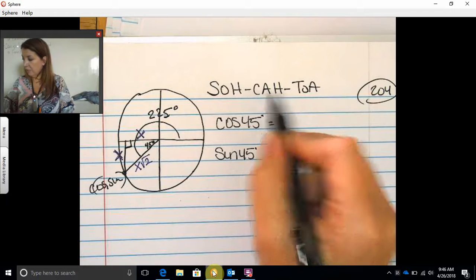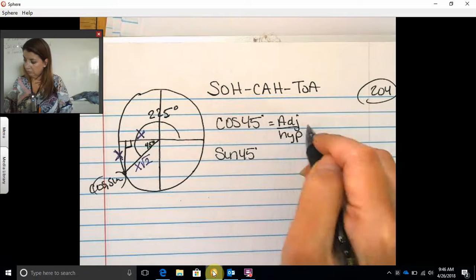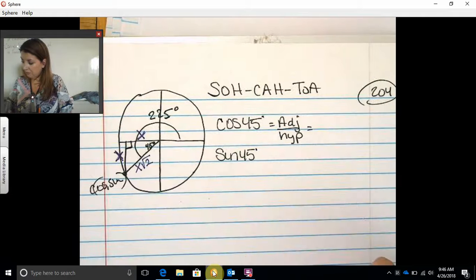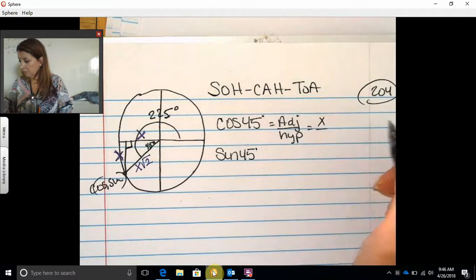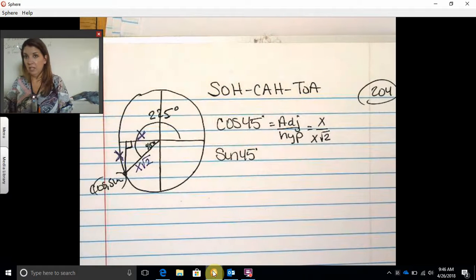Cosine is adjacent over hypotenuse. What is adjacent to my 45-degree angle? X. What's the hypotenuse? X square root 2. Can you leave a radical in the denominator? No. So we have to rationalize the denominator.